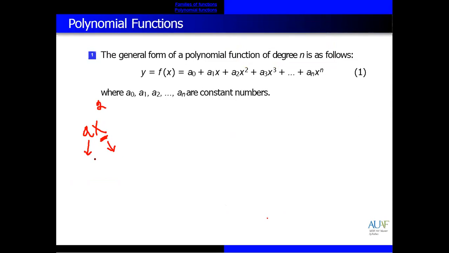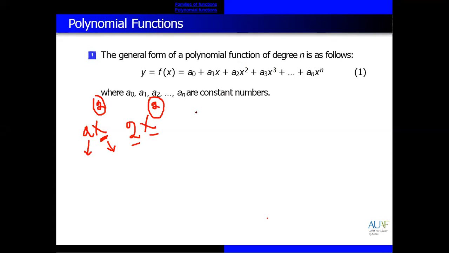It means a will be any constant number, and 2 is index or power. Like if I write 2x square, 2 is a constant number, x is a variable, and 2 is power. So then we have like term.